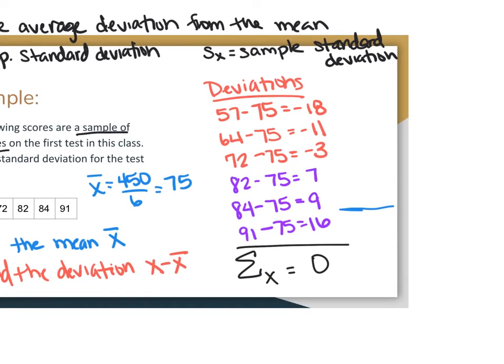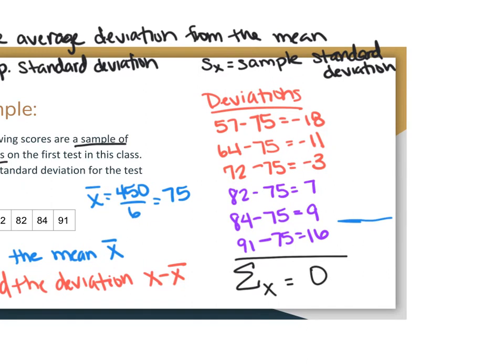So when we square the deviations, negative 18 squared is equal to 324. Negative 11 squared is equal to 121.